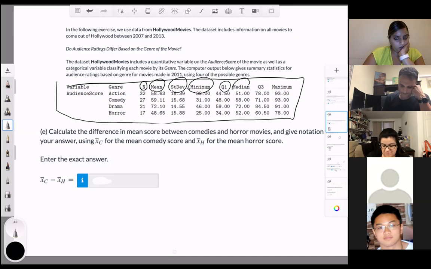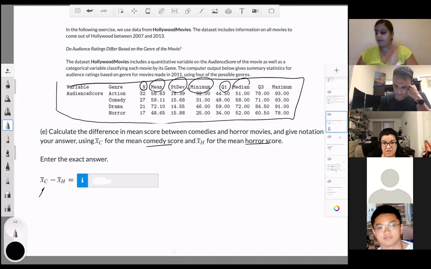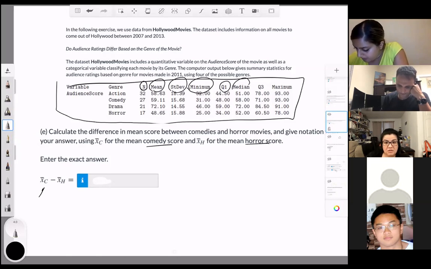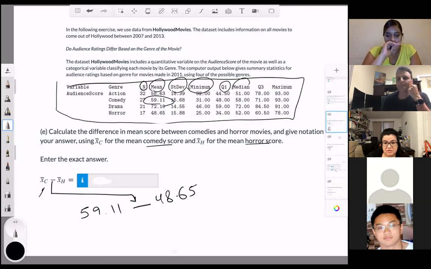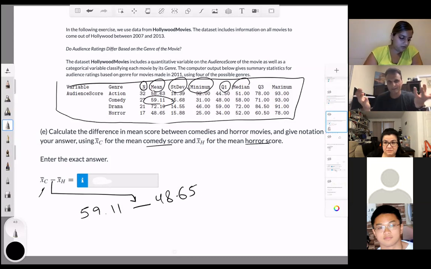The mean of comedy and the mean of horror. The mean is here. So we have 59.11 minus 48.65, correct? Finding the difference of the mean was one of the statistics that we like to study.